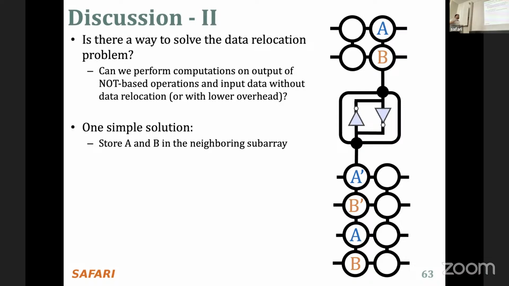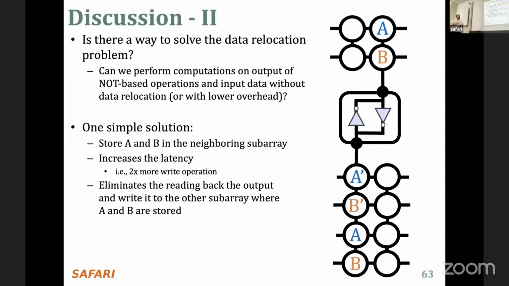For example, when we issue the write command from the memory controller to DRAM, we can double the write command and say that if you're going to write to this row, write to its neighboring subarray as well. So what will happen is it will increase the latency, 2x more write operations, right? So right now, rather than writing to 2 rows, now you're writing to 4 rows.